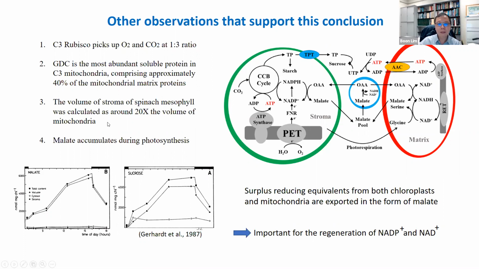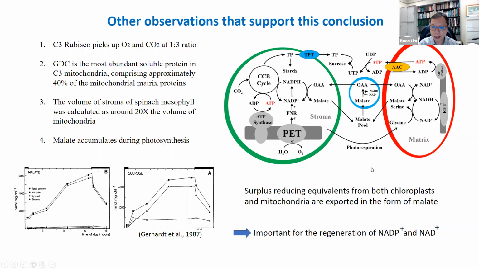That means that the 2-PGA generated in the 20 times bigger chloroplast has to be handled in the tiny mitochondria. And we can also see that malate accumulates in the plant cells when we turn on the light. So that means that malate is being accumulated during photosynthesis.